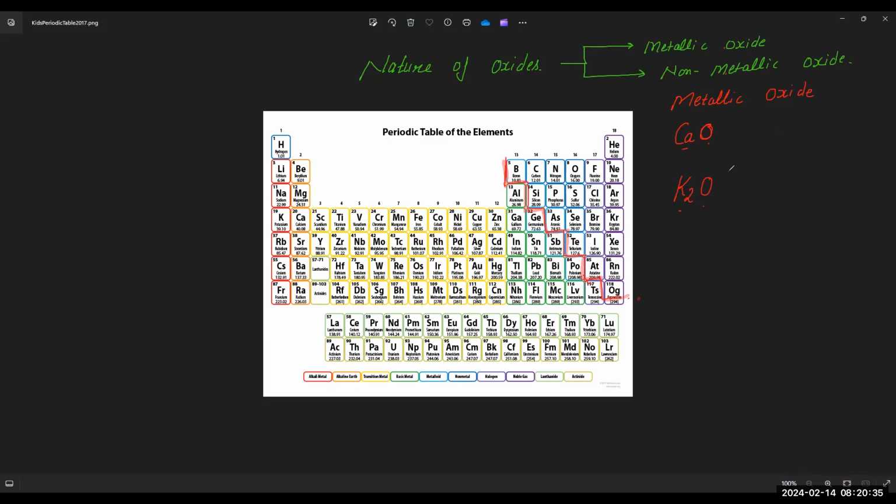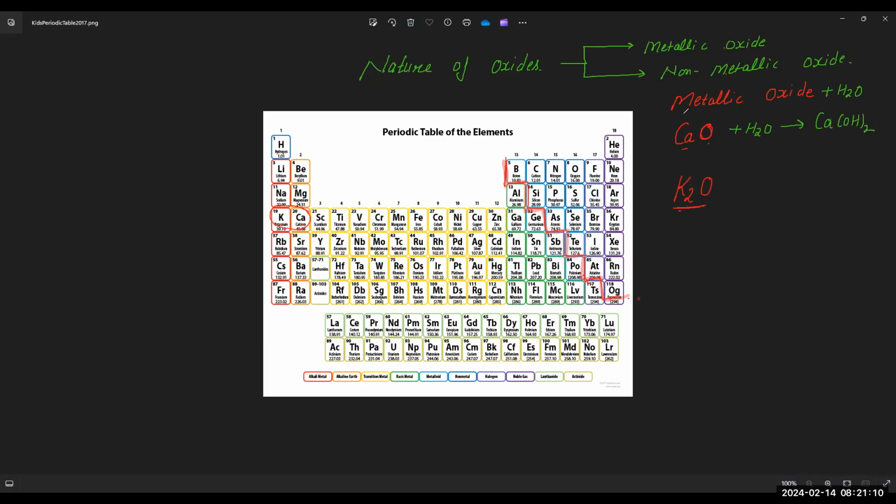Which one is more metallic oxide? They are here. Which one is more metallic, potassium or calcium? Potassium is more. So this is the stronger metallic oxide. Now see what happens. When you add water to a metallic oxide, it reacts to give you a hydroxide.